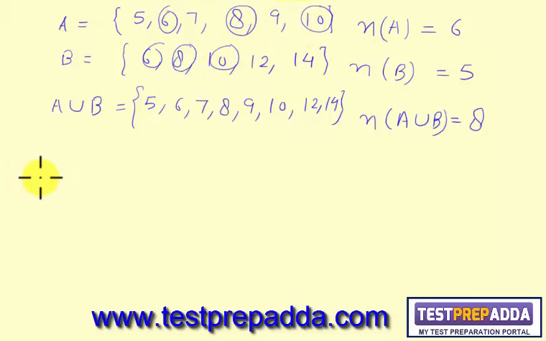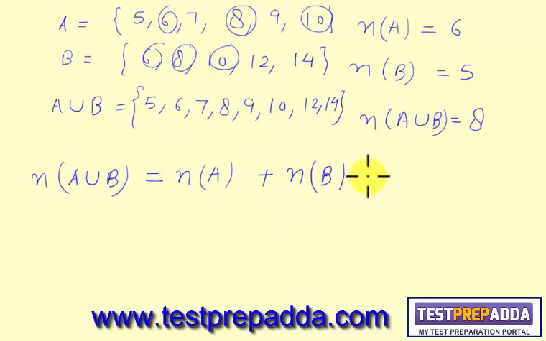In general, we can write the number of elements in set A union B is equal to number of elements in set A plus number of elements in set B minus number of elements in set A intersection B. So we remove the common elements.